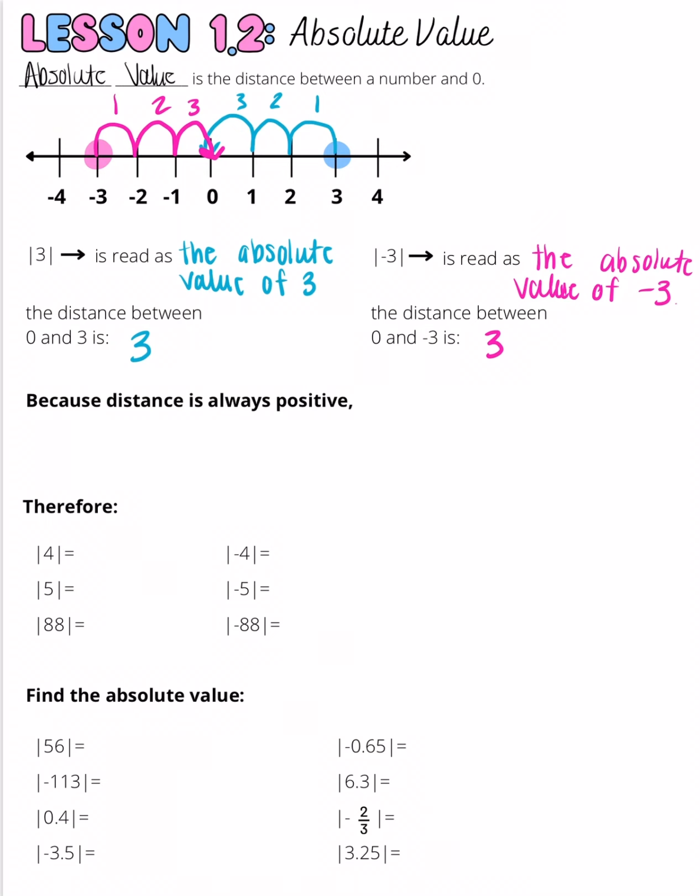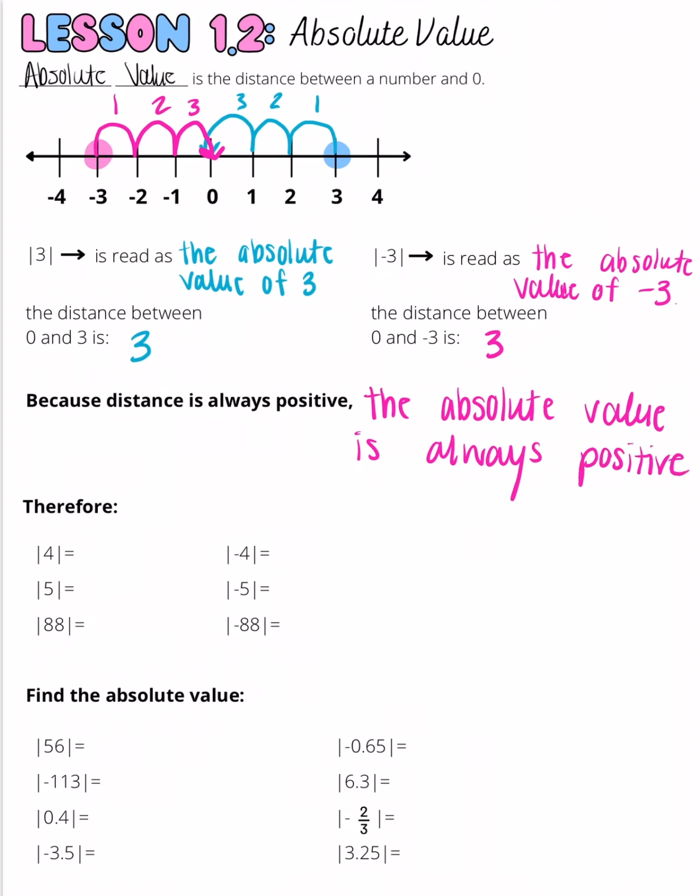Now when we talk about distance, distance is always positive. And because distance is always positive, the absolute value is always positive. Okay, so because absolute value is the distance from a number to 0, it's always going to be positive because distance is always positive.